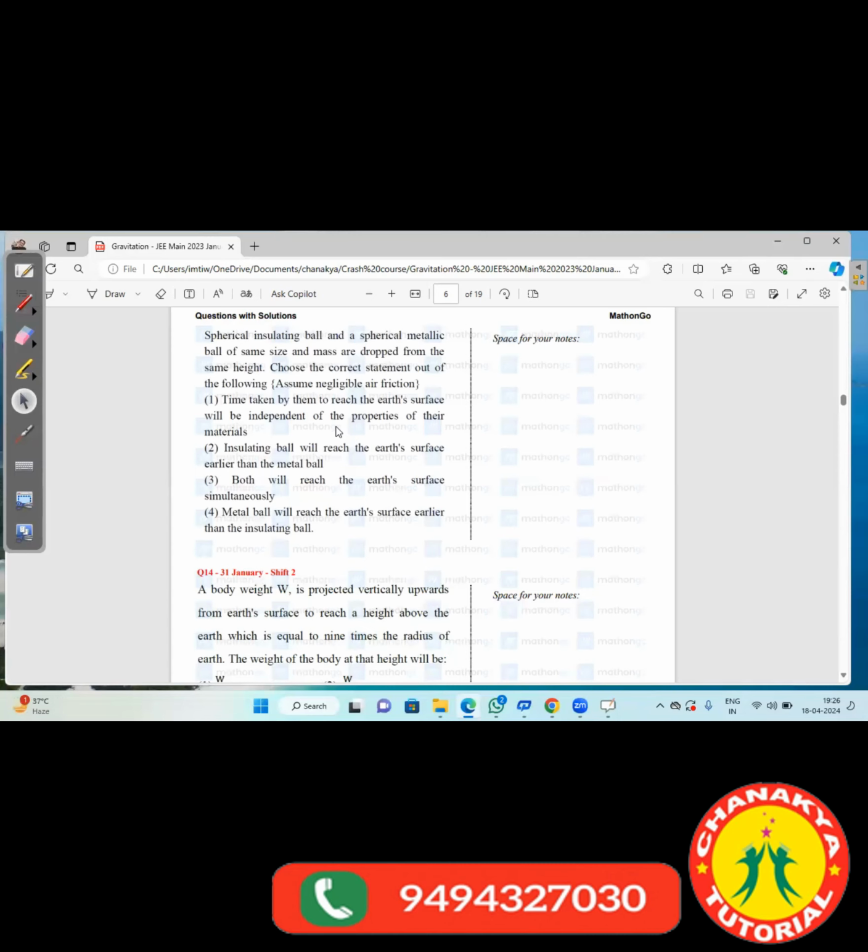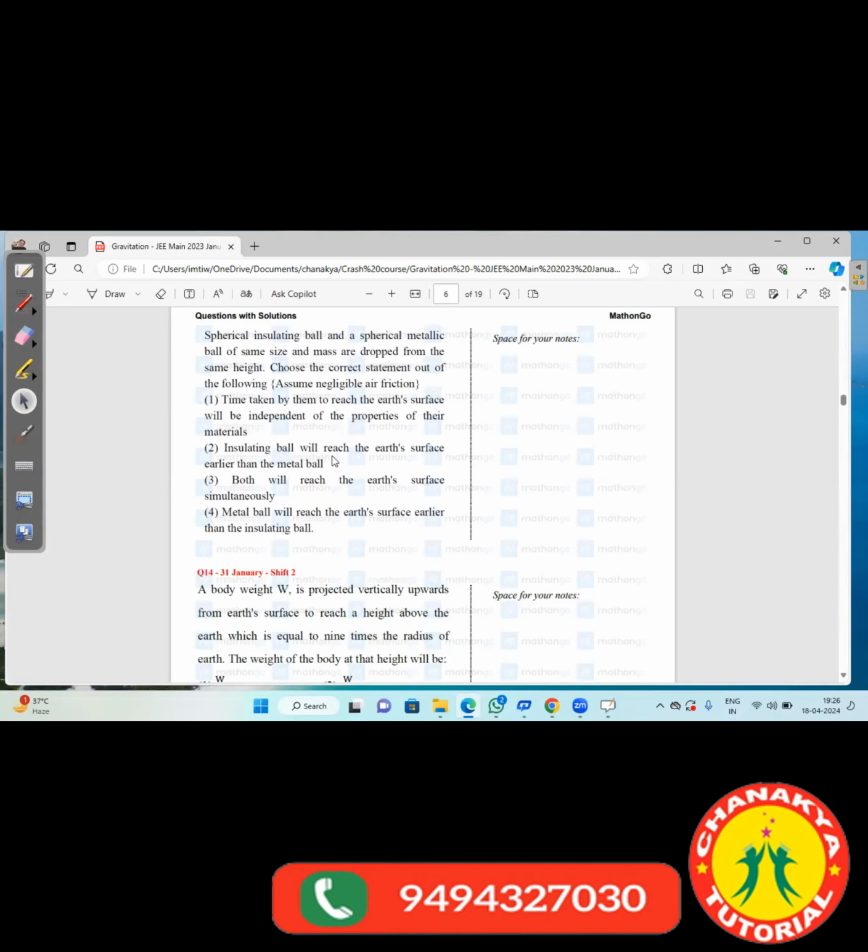If there is no air friction, the acceleration due to gravity will be the same for both the balls. And if acceleration due to gravity is the same for both the balls, they will take the same time. So the first statement, the time taken by them to reach the Earth's surface will be independent of the properties of their materials, is correct.